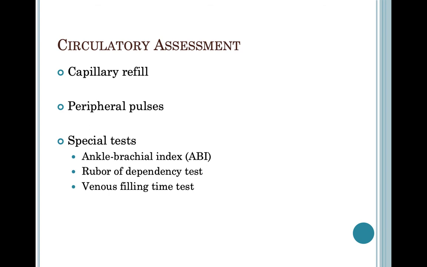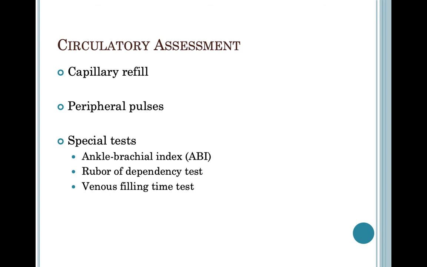And so this number is generally used as a cutoff for determining whether or not the patient has impaired peripheral circulation or peripheral vascular disease. And in general, the number that is used as that cut point is 0.8.